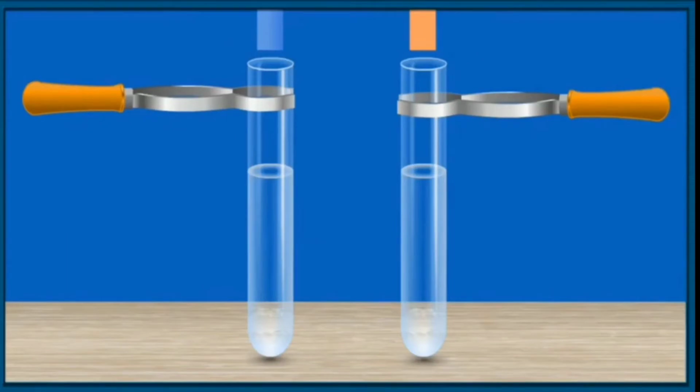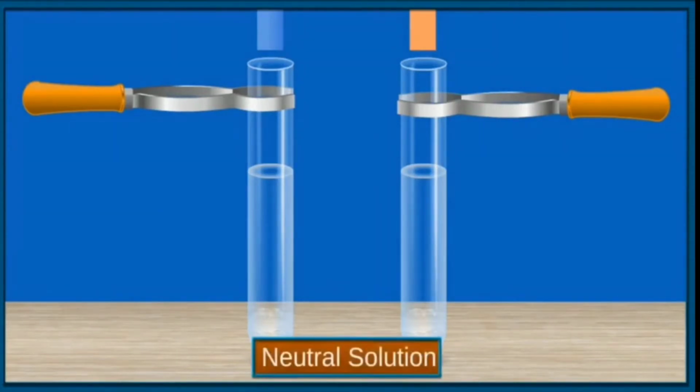In both blue and red litmus, we are unable to see any color change. It is not turning red, it is not turning blue. So we can conclude that the solution is neutral. When an equal or particular amount of acid and base are added, the solution becomes neutral, which means neutralization has occurred.